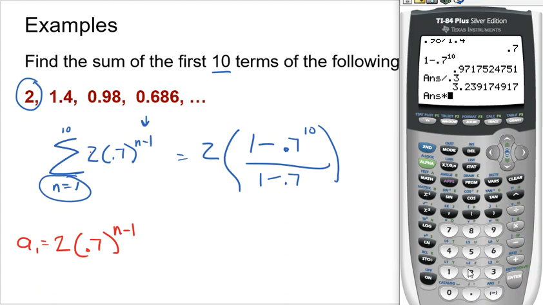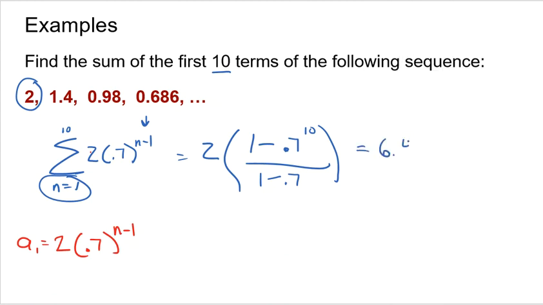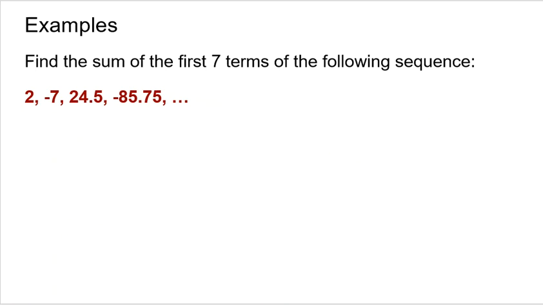And then I'm going to times that by 2. And try to make it a fraction. Can't happen. Oh, well, it's got a bunch of decimals. Sometimes when you get so many decimals, it's hard to make it a fraction. So whatever, 6.4783. 6.4783 is the sum of the first 10 terms of this sequence. Awesome. Great. Easy. Let's try another one.